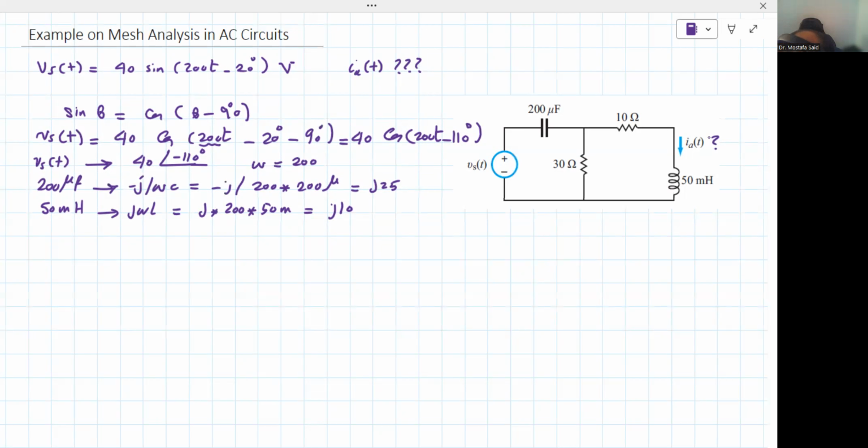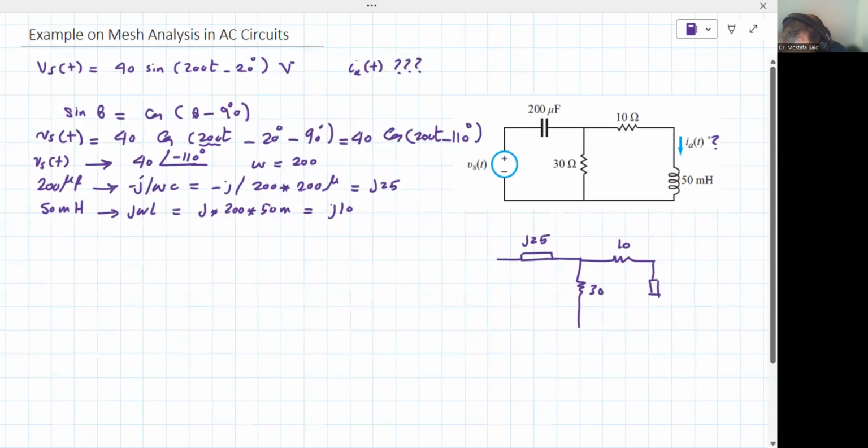So this circuit can be shown like this. You can replace the capacitor with any box shape. It's just a reactance, or impedance, and this impedance is minus j25. The resistance is still the same, 10 ohm.